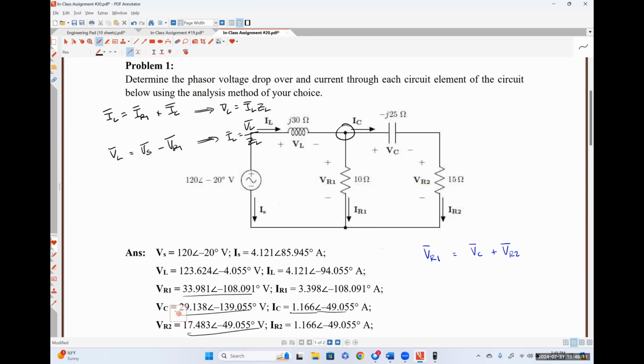So either use Kirchhoff's current law at that node to solve for the current first, and then use Ohm's law to find the voltage, or use Kirchhoff's voltage law around the circuit to find VL, our only unknown voltage at this point, and then use Ohm's law to find the current. Just because we are running out of time, I'll leave that small amount of math to you guys.